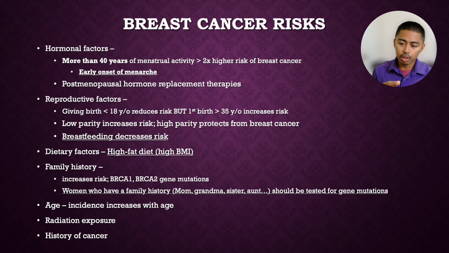So with normal breast tissue, normal breast cells, it has a specific function. They're supposed to grow, they're supposed to mature, and they're supposed to take on a specific job. So undifferentiated cells in the breast, they never mature. So they stay in their primitive stage, and they stay disorganized.